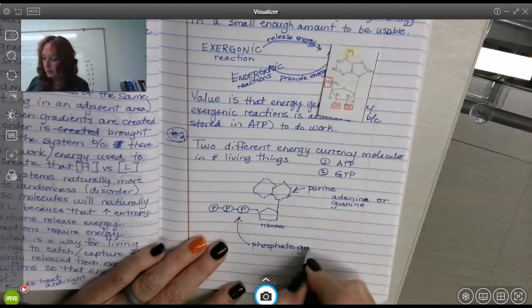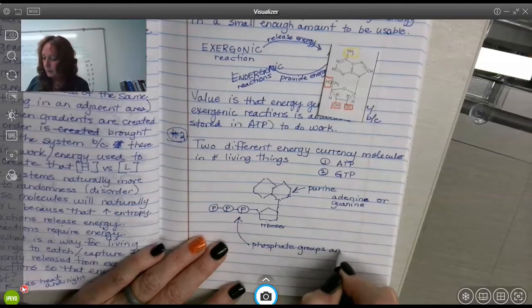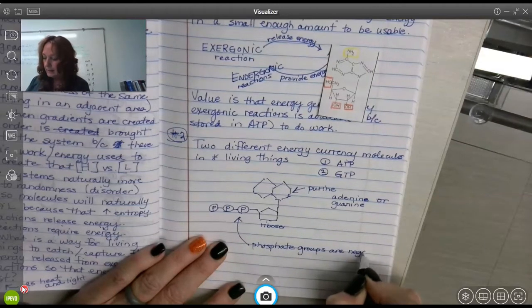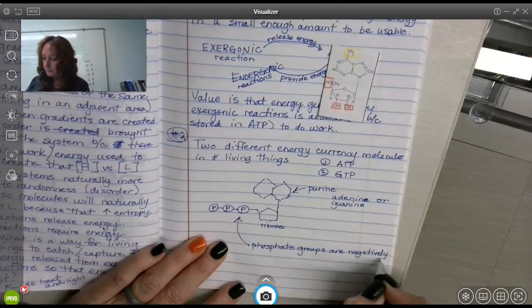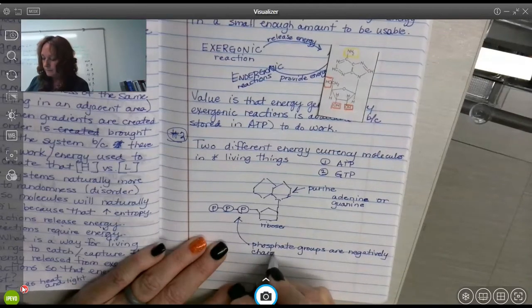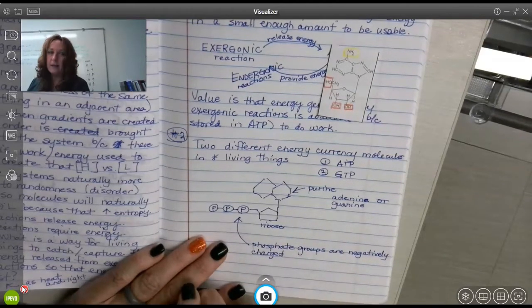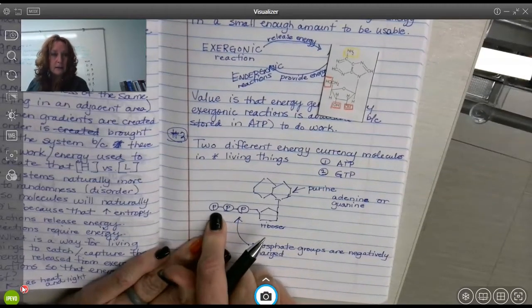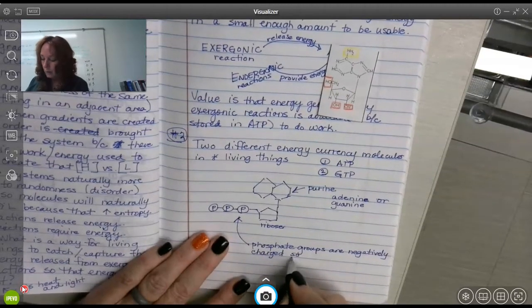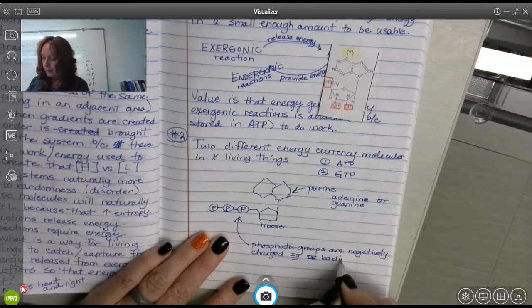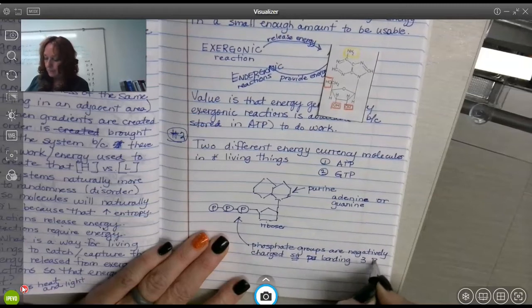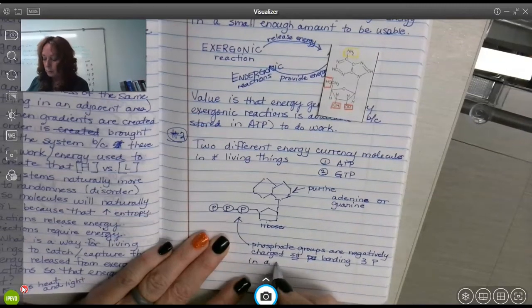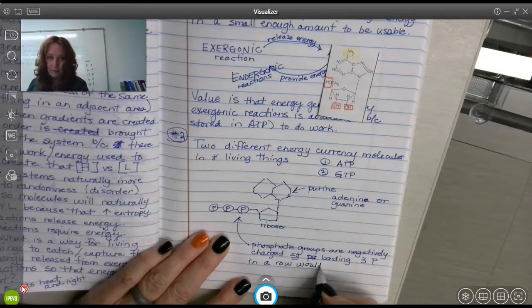So phosphate groups are negatively charged. They do not easily get stuck together. So bonding 3 phosphates in a row would require quite a bit of bond energy.